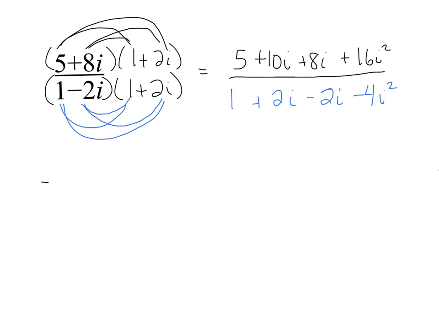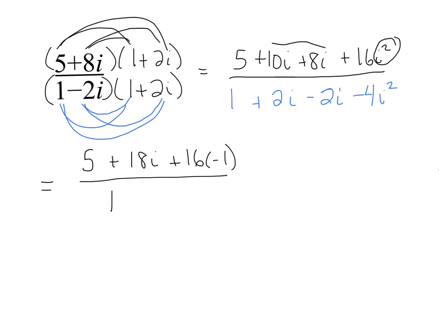So if I start cleaning this up, I know these two go together. So the top will be 5 plus 18i. Oh, there's an i squared. So that's plus 16 times negative 1. All over 1. These guys will cancel. So this is minus 4 times negative 1. So now on the top I have 5, and this is obviously negative 16.